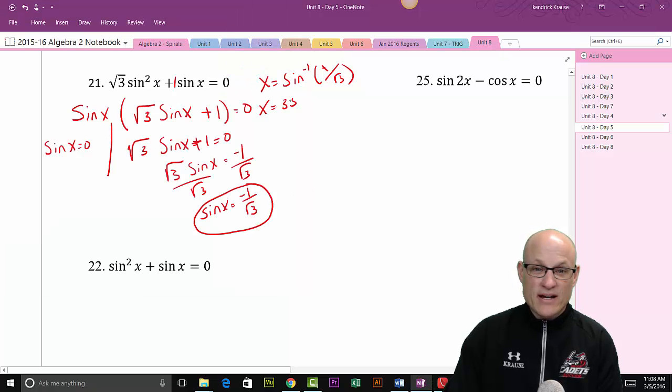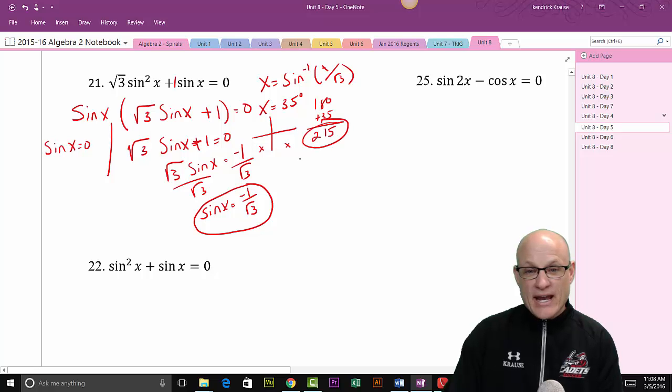Now, I need to remember that sine is negative in the third and fourth quadrant. So I need to do 180 plus 35 to get one of those angles in the third quadrant. That's 215. And I need to do 360 minus 35, which is 325, and that would get me my angle in the fourth quadrant.